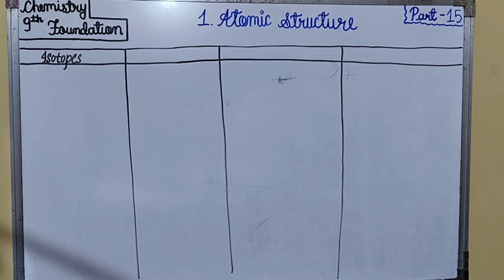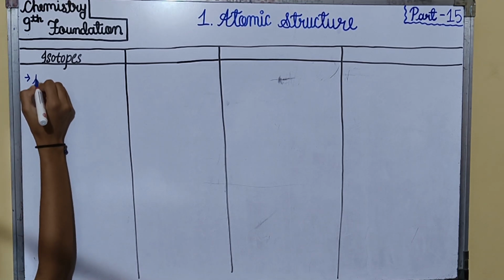They contain the same number of protons and electrons and differ in the number of neutrons. Such atoms are called isotopes. So isotopes are the atoms of the same element having the same atomic number but different mass number.